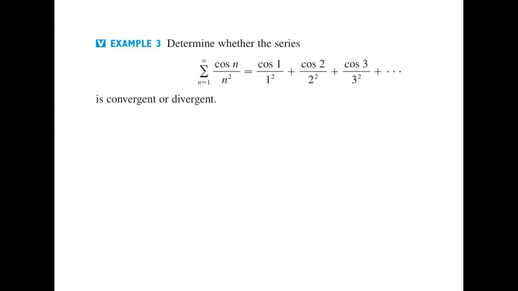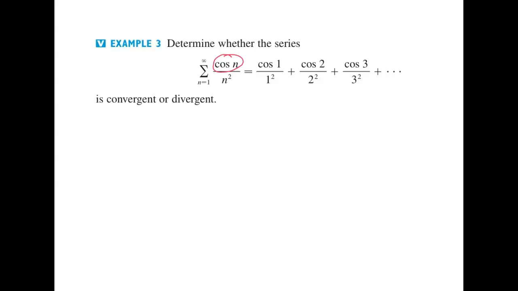The problem is the cosine in the numerator. What is cosine going to oscillate between? It's a wave. 1 and -1. So there are values that will make that cosine negative, right?